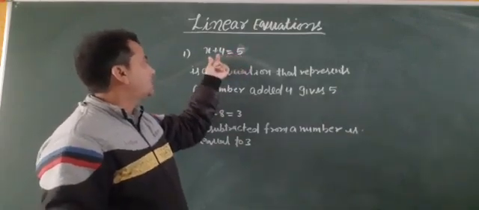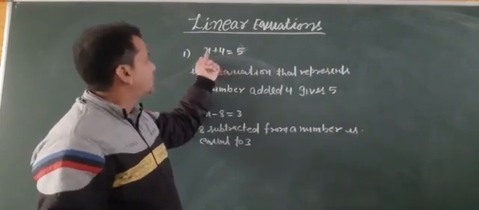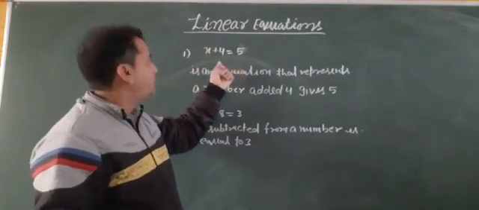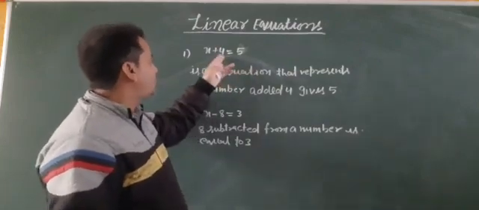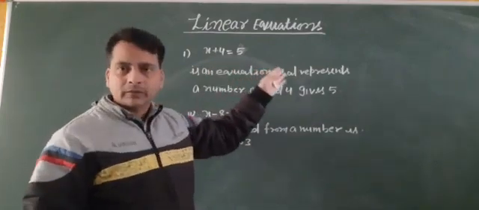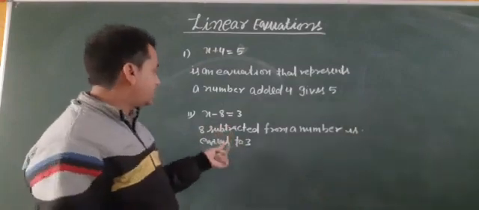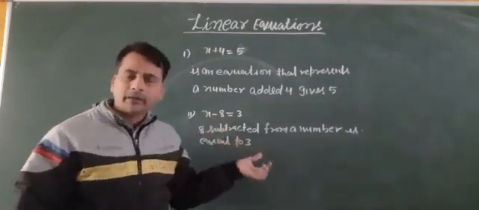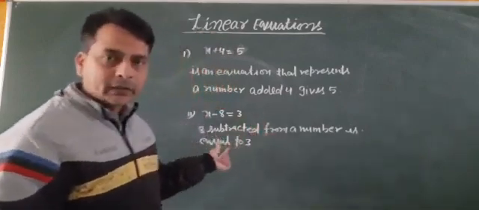It has one literal, that is x. It represents 4 added to a number x and gives 5. Second is x minus 8 equal to 3, which is 8 subtracted from a number and gives a result equal to 3.